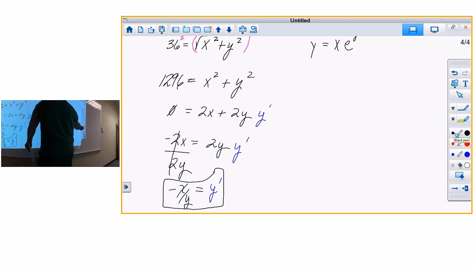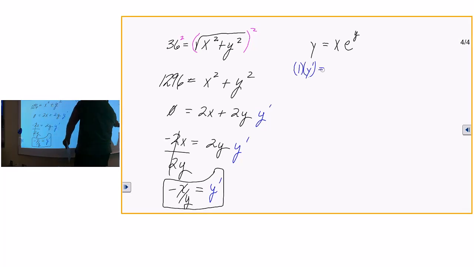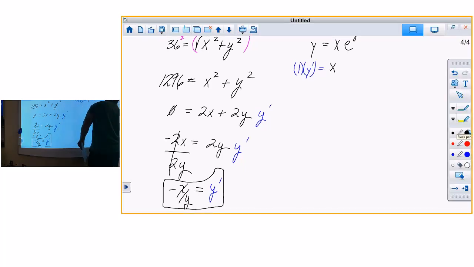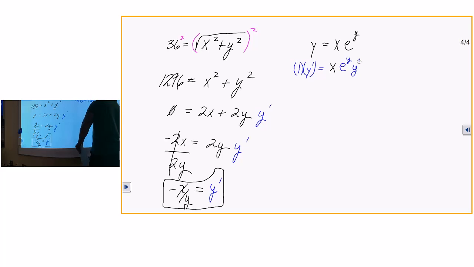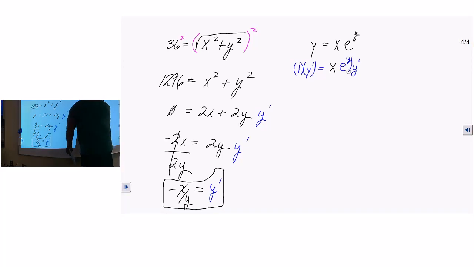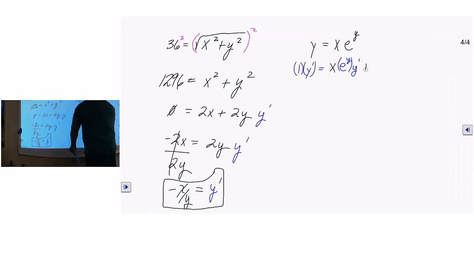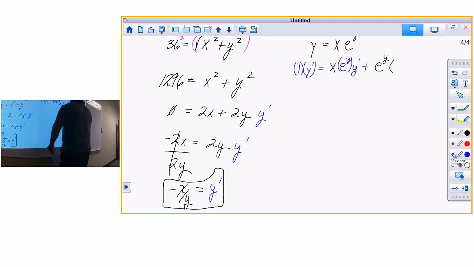That's going to be 1 times y prime, which is equal to first times the derivative of the second. Well, the derivative of e to the y is what? e to the y, but times y prime. You've got to put that in there. Plus the second times the derivative of the first, which is, what's the derivative of x? 1. Okay, now simplify it and solve.